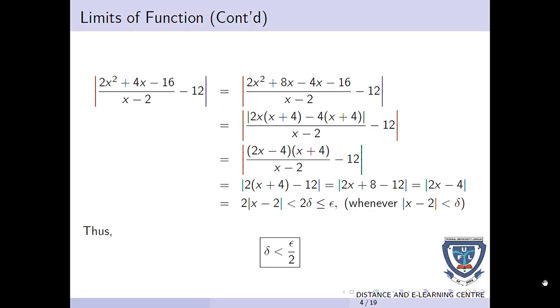So you have 2 delta less than epsilon, therefore making delta the subject, you now have that delta is less than epsilon over 2. That is how we have epsilon over 2. Delta being less than epsilon over 2 satisfies the limit.